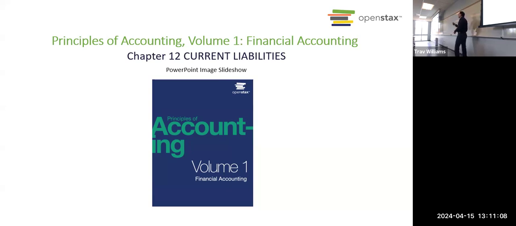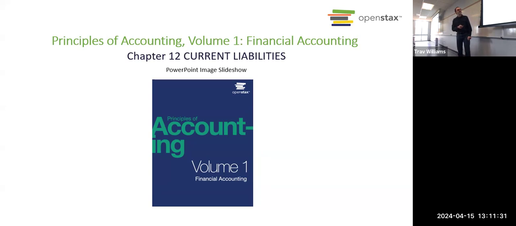Why does your gross pay get all these deductions? And then you end up getting a smaller amount, your net pay or your take-home pay, deposited into your bank account or in check form or however you get paid. So we'll learn about that, but that's towards the end of the chapter.